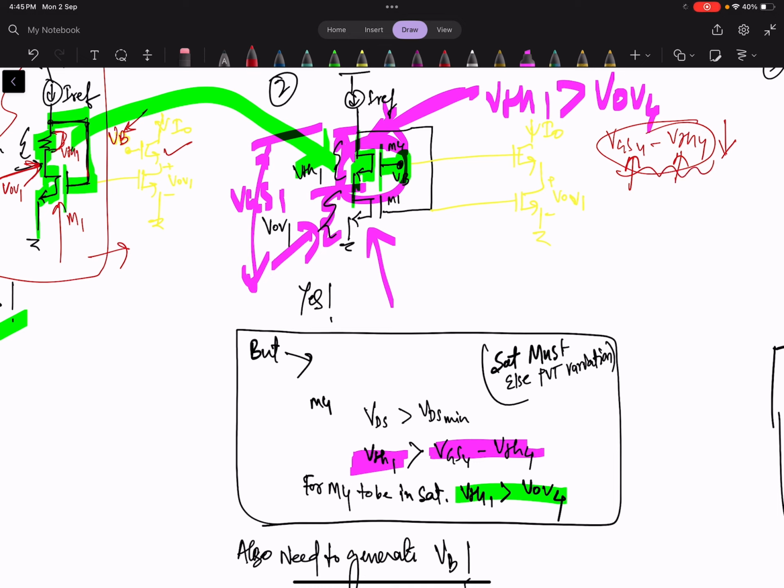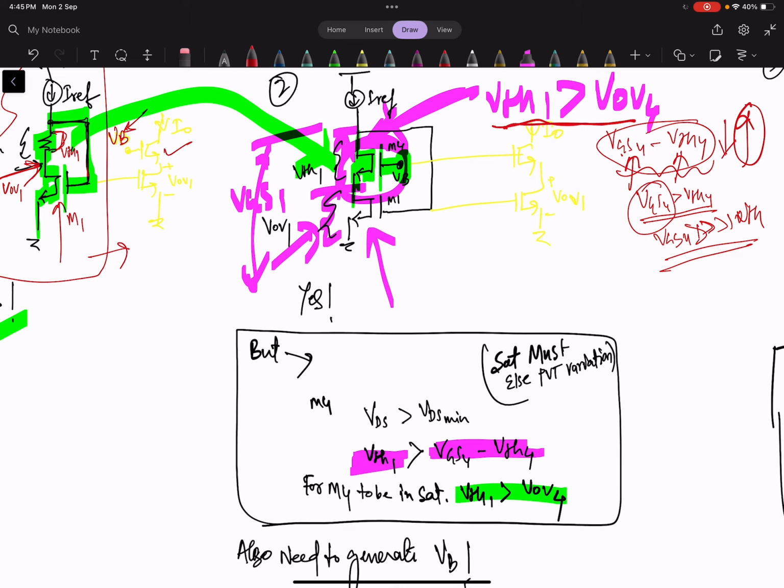This is the only way: VGS4 should be nearer to VTH4. It should be greater, but it cannot be a very high value. VGS4 cannot be very high. If it is very high, then this difference will go up, and it will be greater than the VTH value. So this solution won't work.